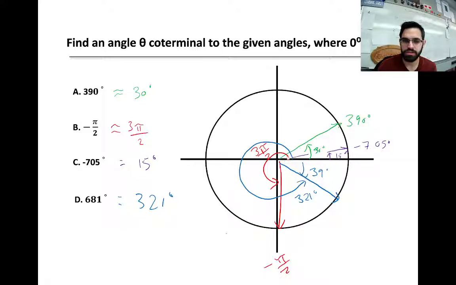Negative pi over 2 is the same thing as 3 pi over 2 in the positive. Negative 705 is going to be the same thing as 15 degrees, because remember it was 15 degrees away from 2 full rotations, which would be 720 degrees. And 681 degrees is going to be coterminal to 321. Remember, it was 39 degrees shy of 2 full rotations. And so negative 39 degrees would be coterminal to 321. The calculation would be 360 minus 39.